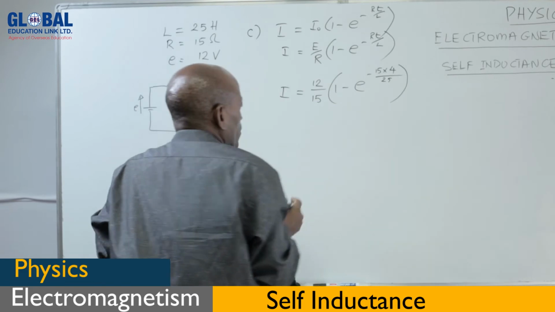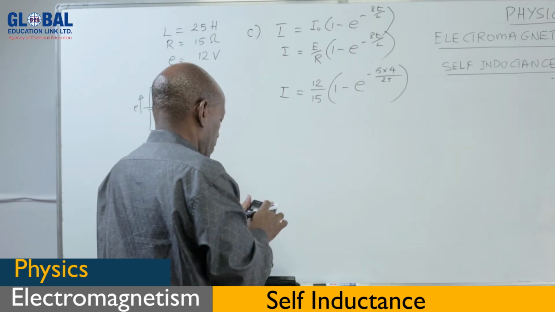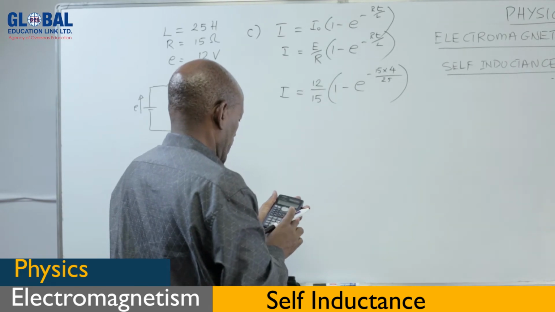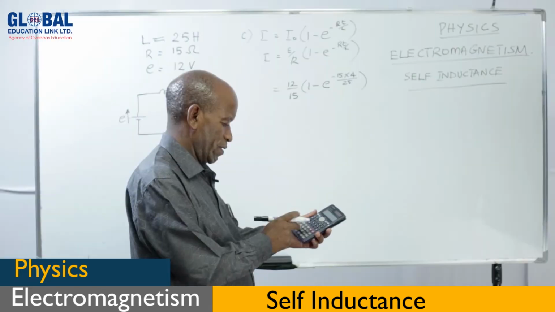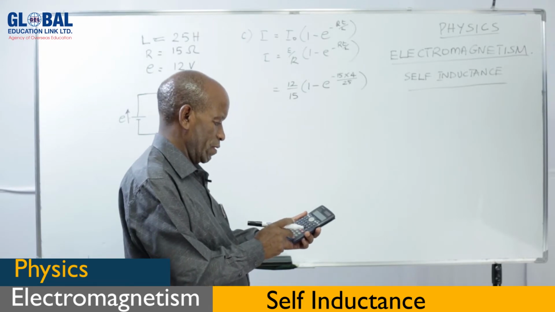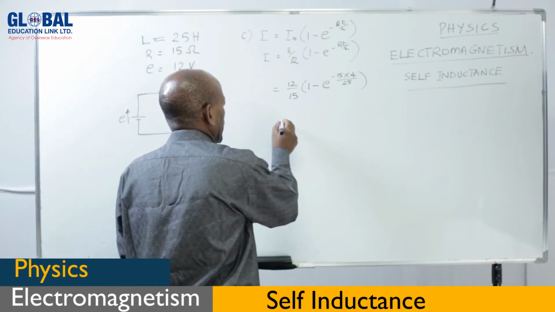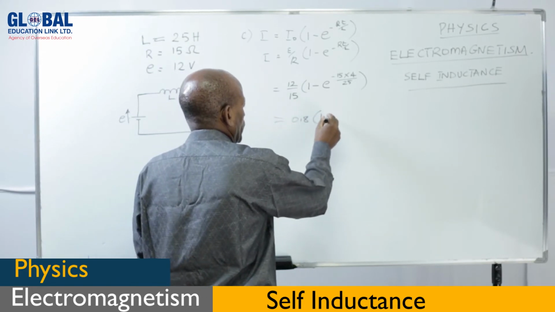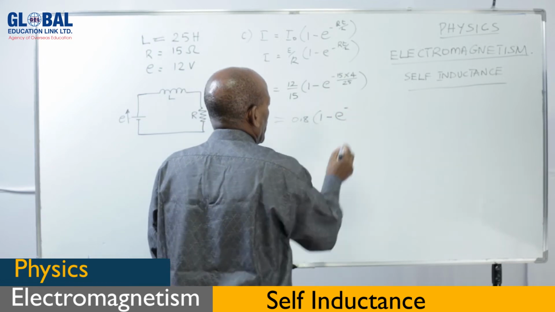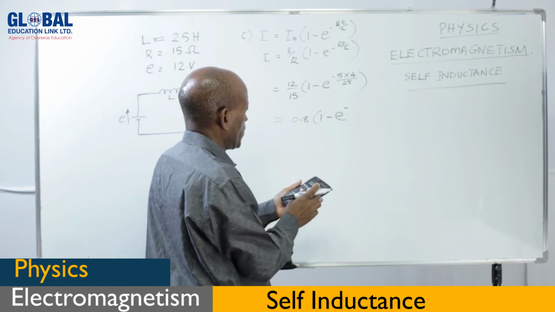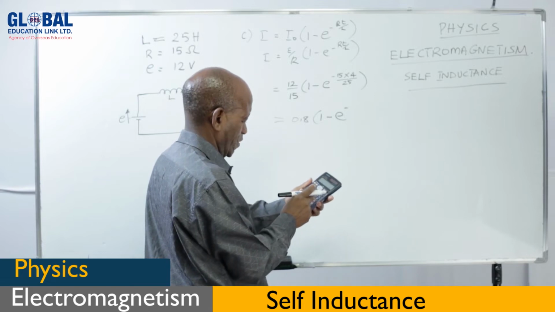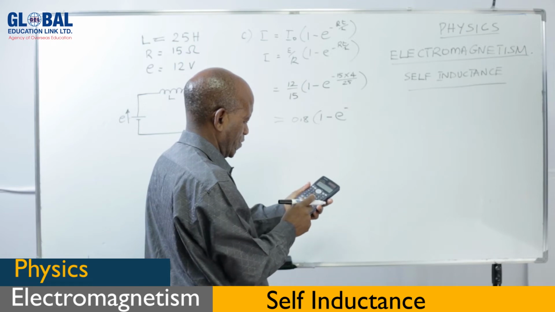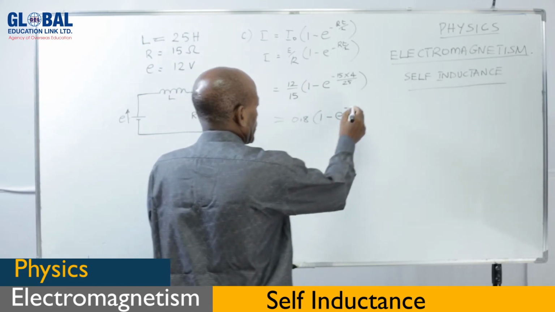So we compute that. 12 divided by 15 is 0.8, into 1 minus e to the power of minus 15 times 4, that is 60, divided by 25, giving 2.4.